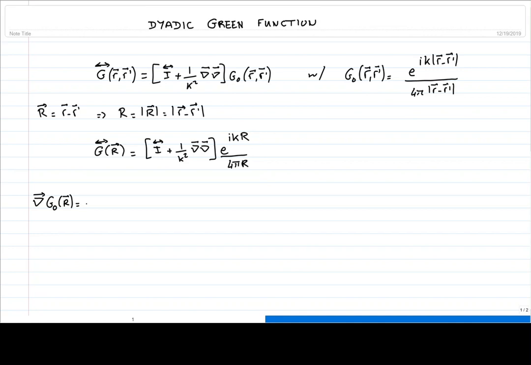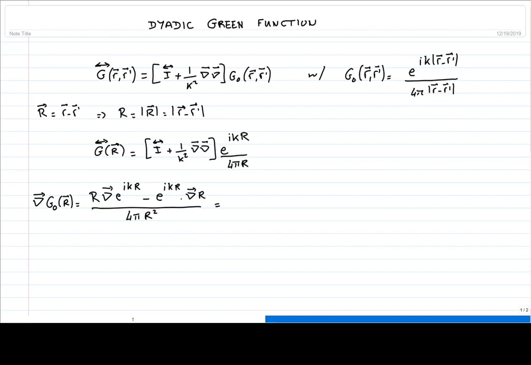Let's calculate this gradient, which is just a spatial derivative with respect to r. This leads to r times the gradient of the exponential, minus the exponential times the gradient of r, and then we have 4 pi r squared.